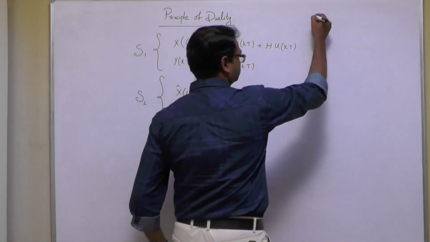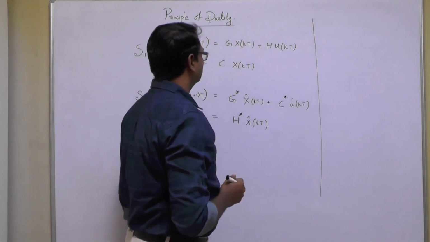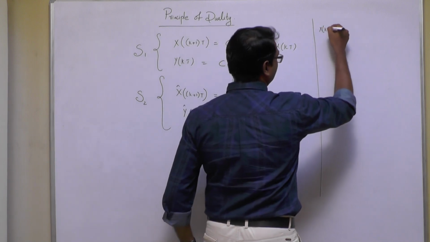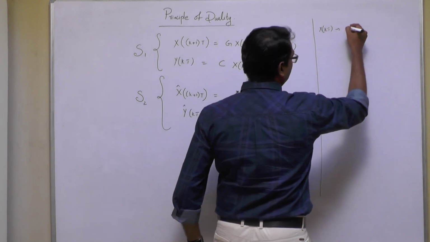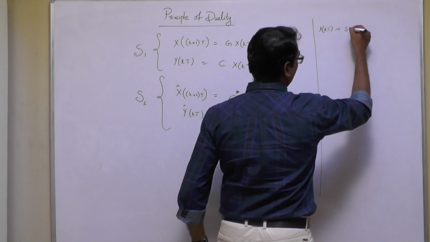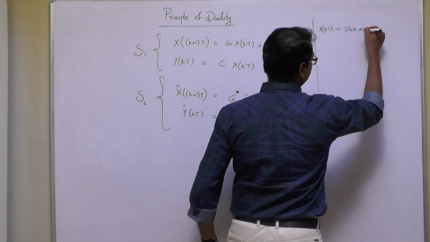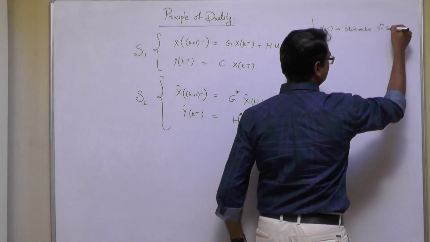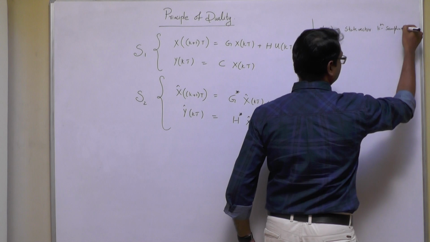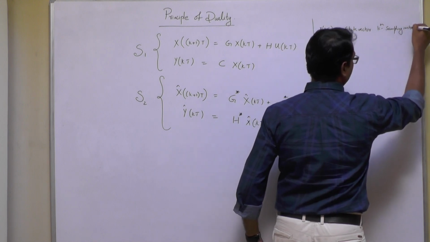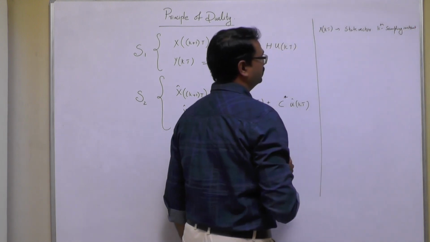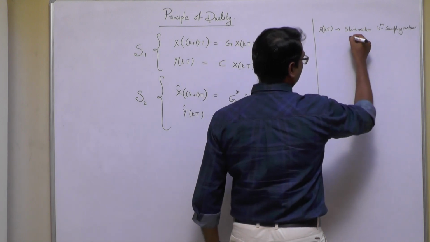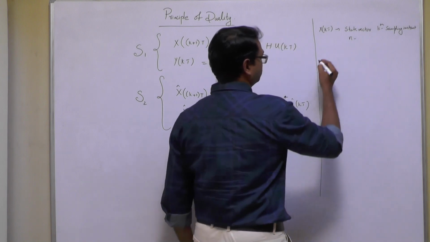Here let me just give the nomenclature. Let us say x of kT is the state vector at kth sampling instant, and it is an nth order state vector.